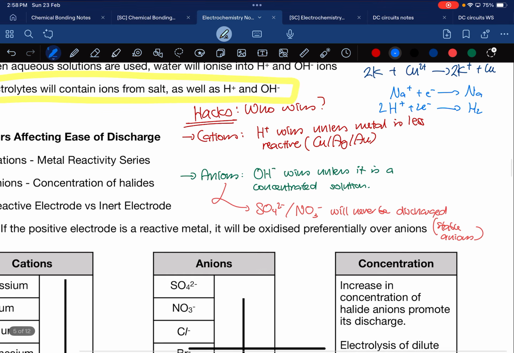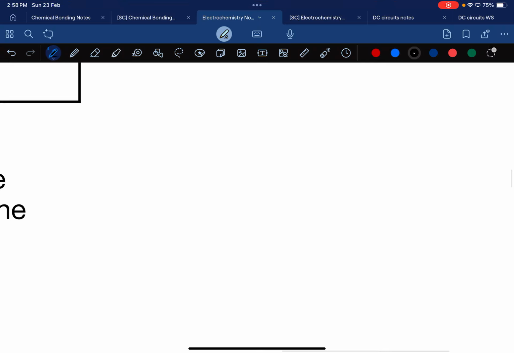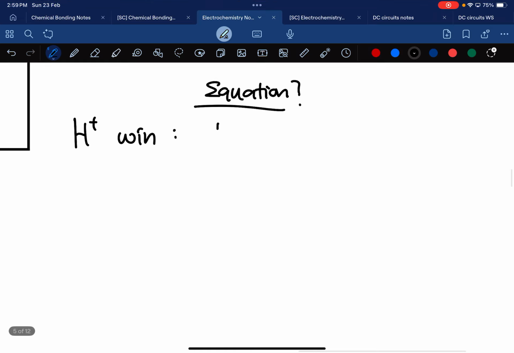Okay, so with that in mind, please do not forget these hacks. It will be very, very useful to you. And another two things that you are going to have to remember. If H plus wins, what is the half equation for hydrogen? Hydrogen one is very easy. What can H plus possibly form? H2, right? That's the only one that contains hydrogen and hydrogen only.